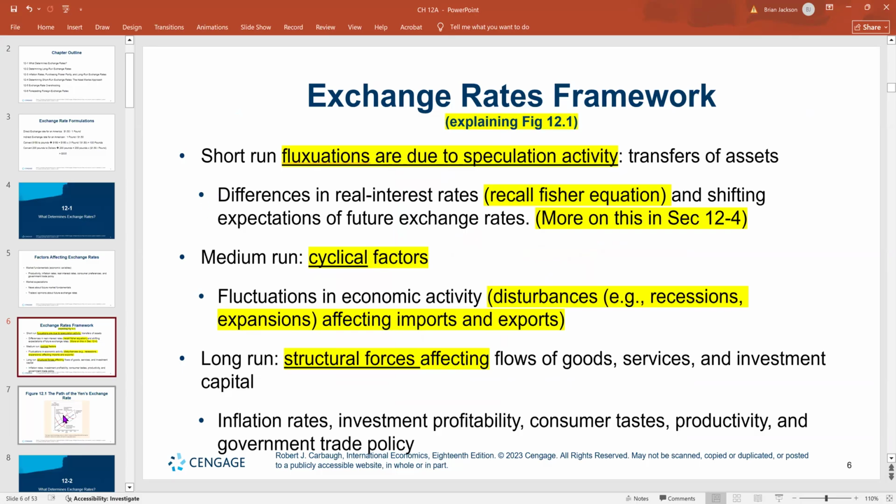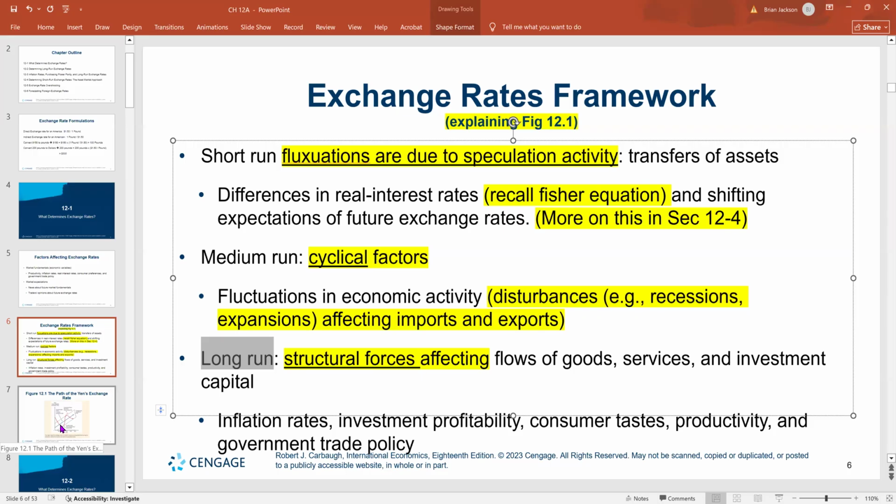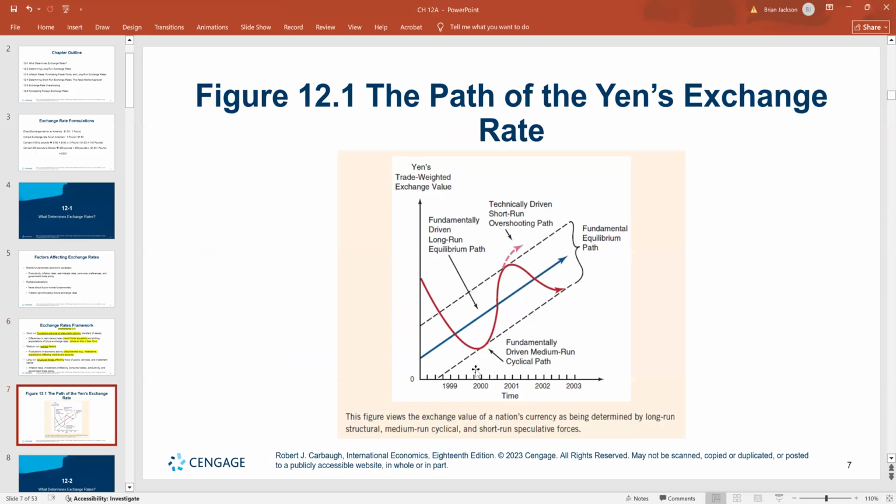So if we had started down here, I took this slide as given from the publisher, but I like starting with the long run first, the long run forces that impinge on the exchange rate, try to drive it along a kind of a straight line, like you see in this diagram here.